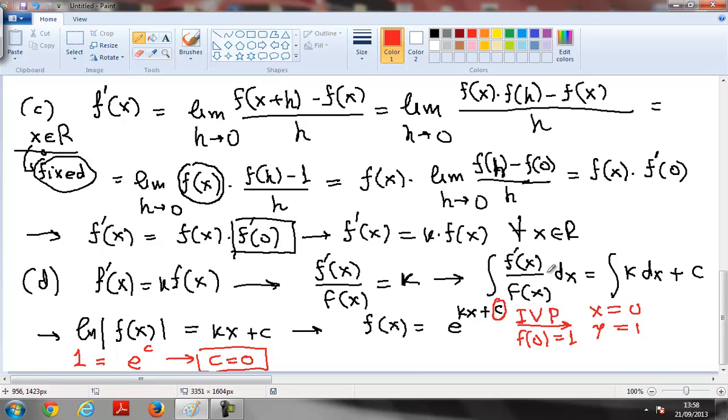Then I substitute c here, and my final form is that f of x equals e to the power kx. Of course, k equals the derivative of f at the point 0.